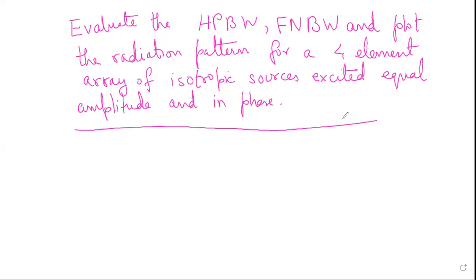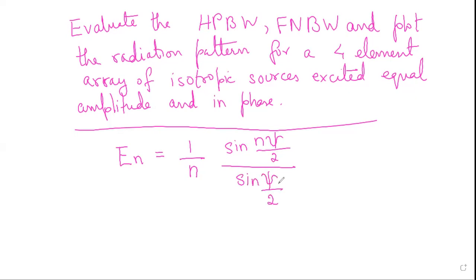Remember when it was 2-element, we were deriving. We already have now the normalized electric field for n-element array. That is 1 upon n sine n psi by 2 upon sine of psi by 2. Is everybody okay with this? We already know this, okay?